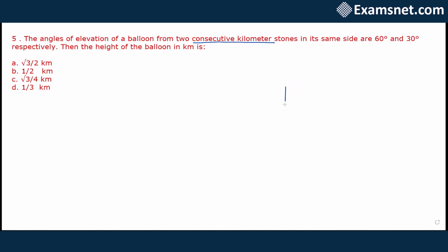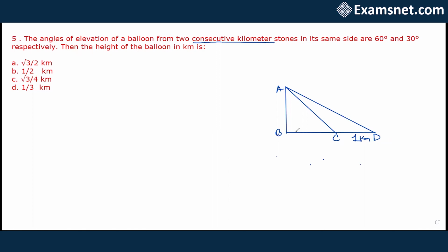Let's say this is the height of the balloon. Okay. Now, so let's say here is the first kilometer stone and the next kilometer stone is at this point. So we can name them A, B, C, D. So here the distance between CD is 1 kilometer.